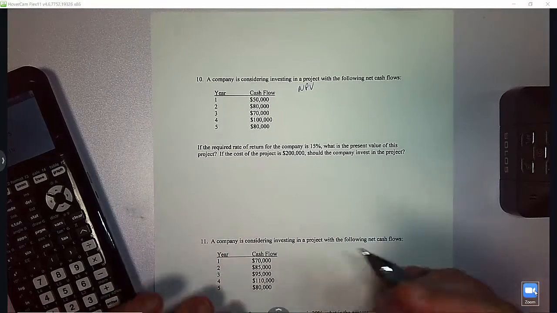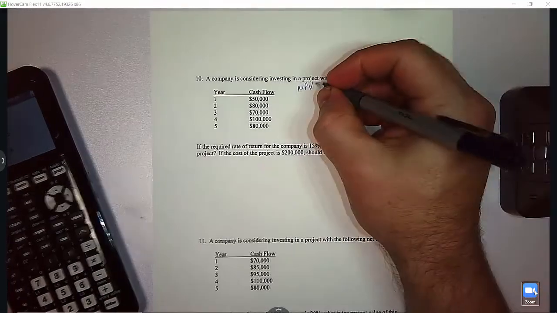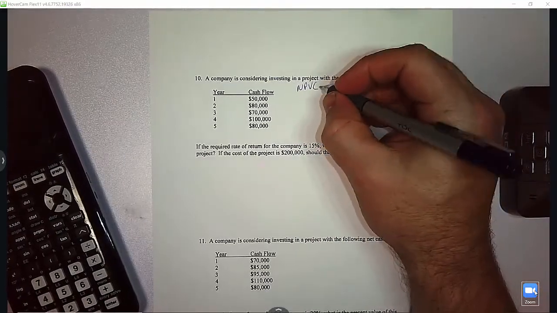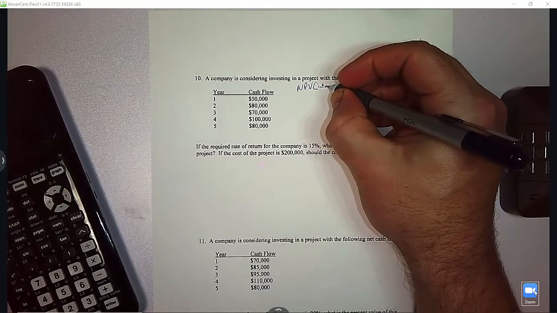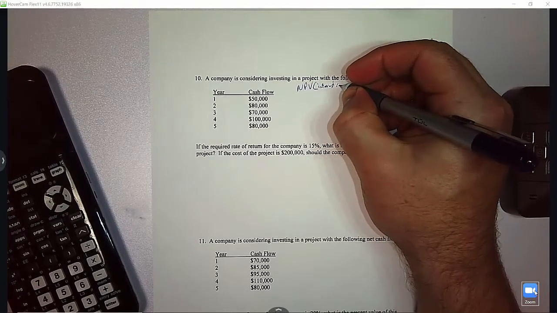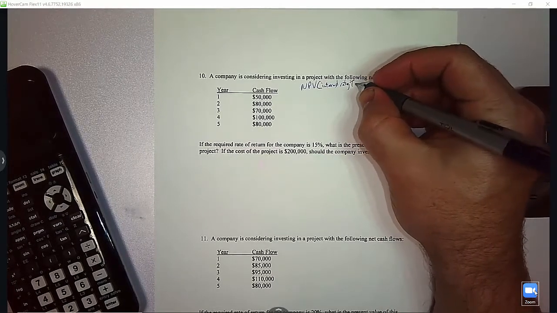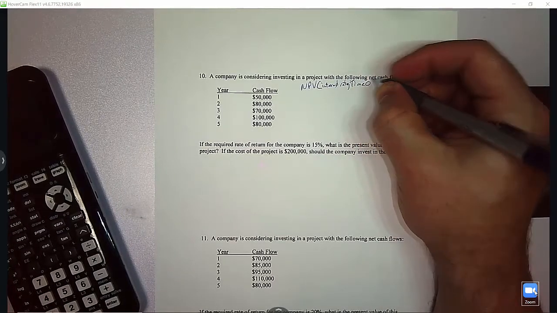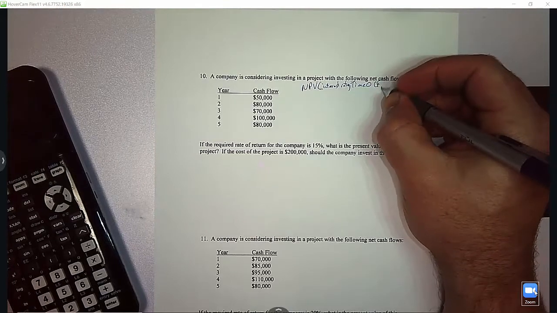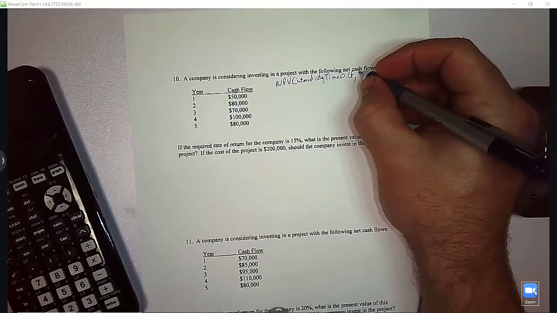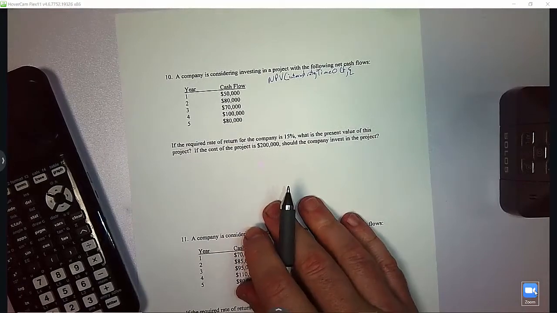And the syntax for this is a little tricky. The first number you're going to put is the interest rate. Then a comma, and the time zero cash flow. And then a comma. And then you're going to put in these curly brackets, curly parentheses.